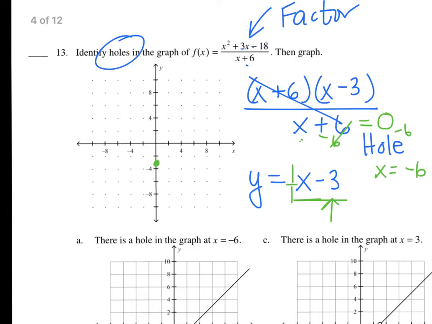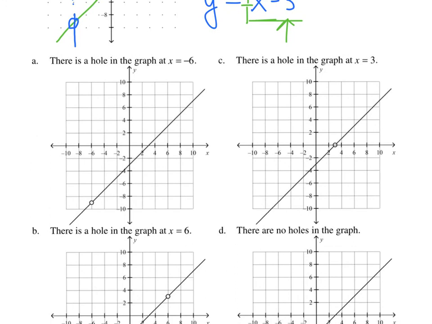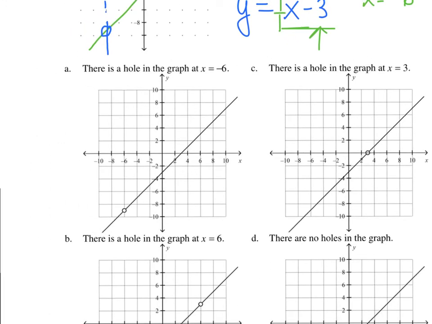Our slope is 1 over 1. So we'll go up 1 over 1. The scale is kind of hard, but the line will look like that. The hole at -6 means when x is -6, so right here, that line will have a hole in it. So basically we just need to match up our answer with the correct multiple choice, which is only answer A that has -6 being the hole. So this answer is A.